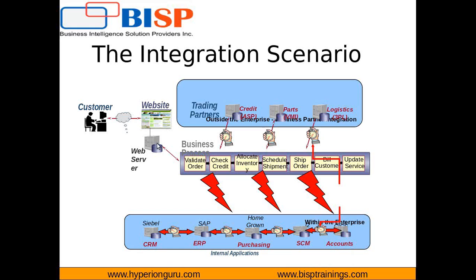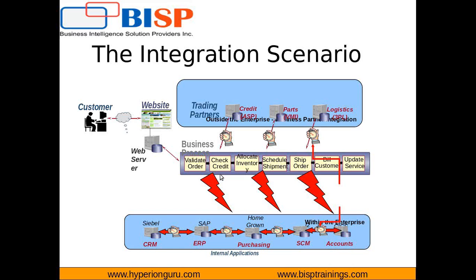Now, that business process in a particular organization could connect with multiple internal applications to execute each step. So, for example, a validate order could go into one of these internal applications like Siebel or SAP, and it could go and validate the order at that point. There could be a check credit, which is an external application.